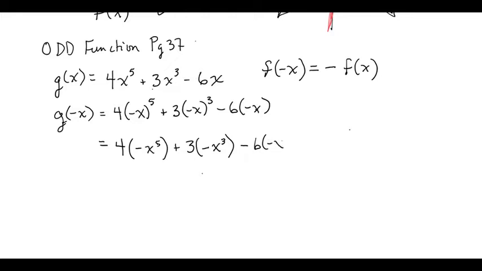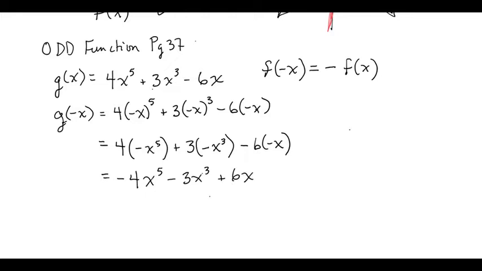This one is already simplified. When we simplify each of these terms now, we have a positive 4 multiplied by negative x to the 5th. The result is a negative 4x to the 5th. A positive 3 multiplied by negative x cubed is a negative 3x cubed. And a negative 6 times a negative x is a positive 6x.